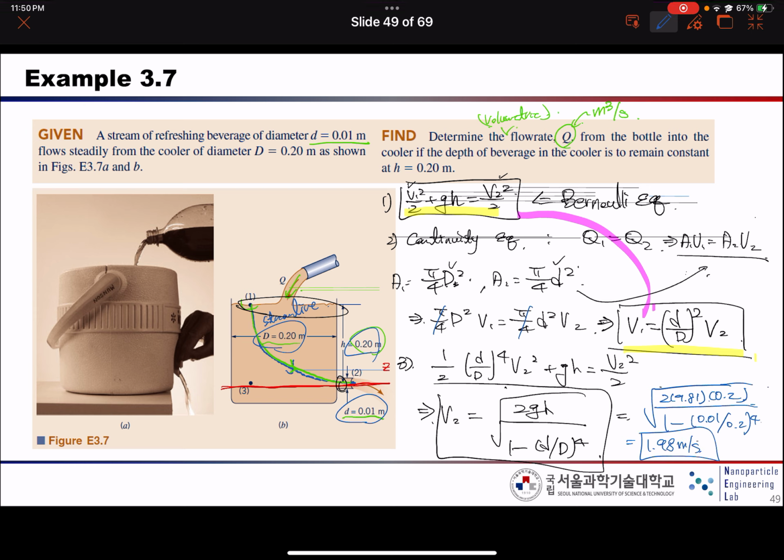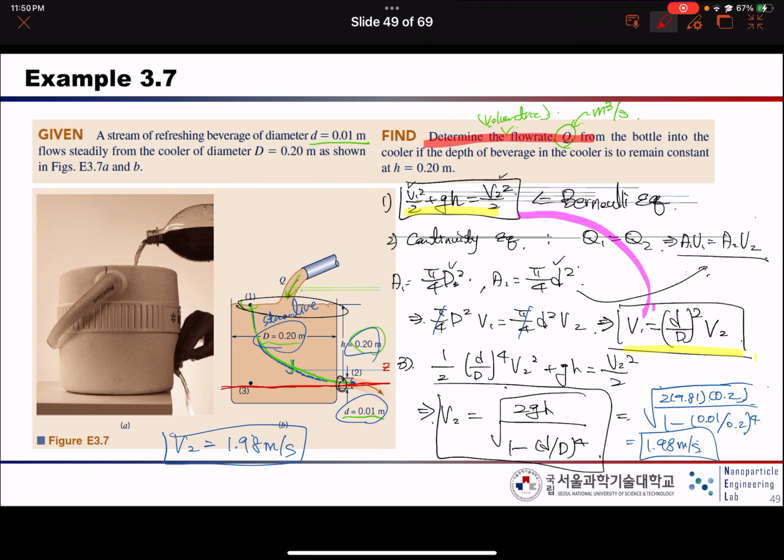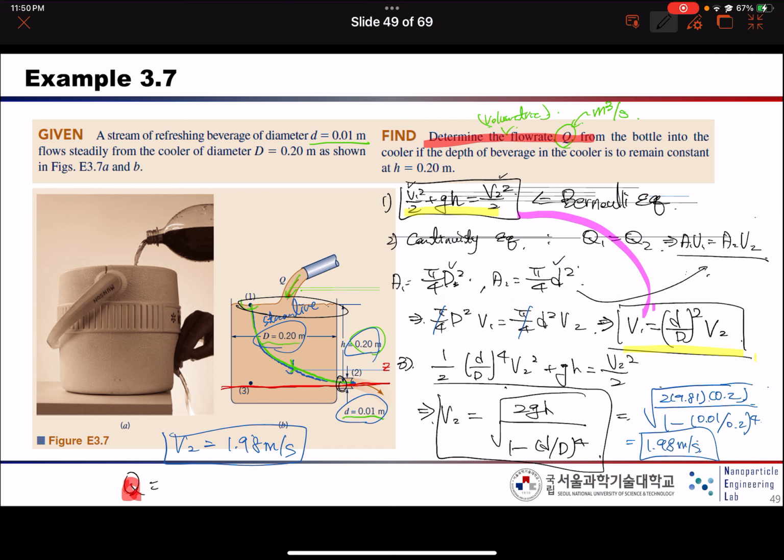like this. Okay, so now we know V2 is 1.98 meters per second. So here the question is we need to calculate the flow rate, right? So flow rate should be AV, right? So in this case A2 V2, so A2 is this guy, right?